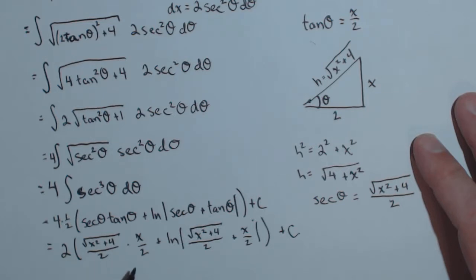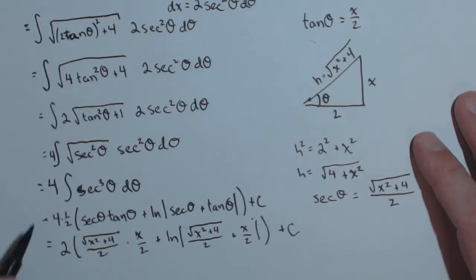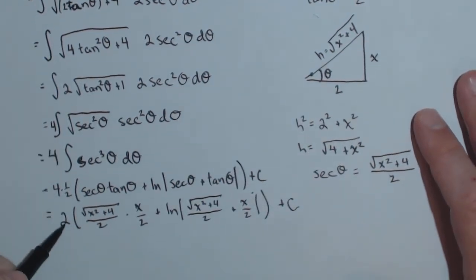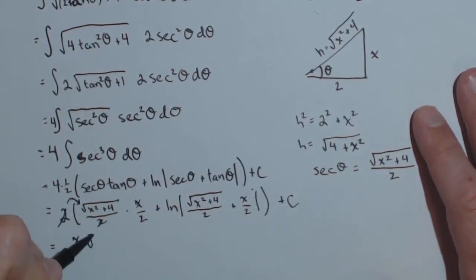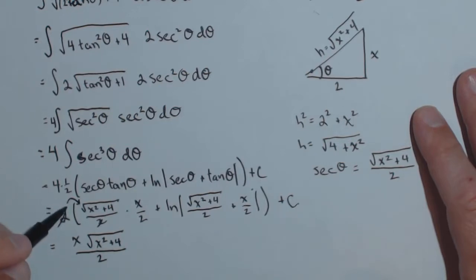Now, let's see if there's any simplifying we can do here. We have a 2 here. We could multiply it by either one of these 2's so that we could cancel that out. So this first part, when we multiply it by 2, is going to simplify to x square root of x squared plus 4 over 2.